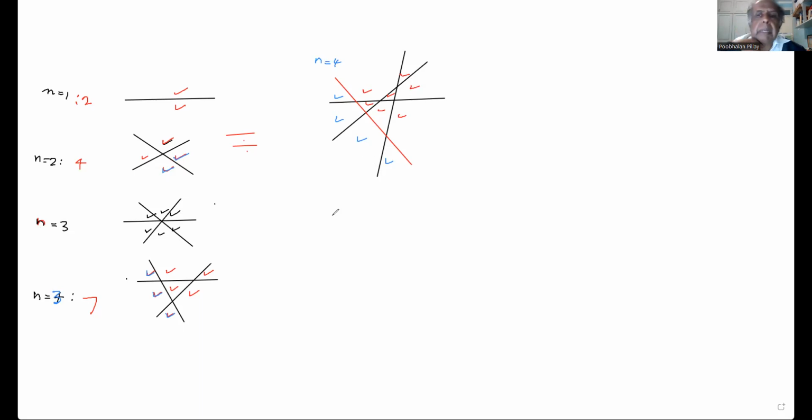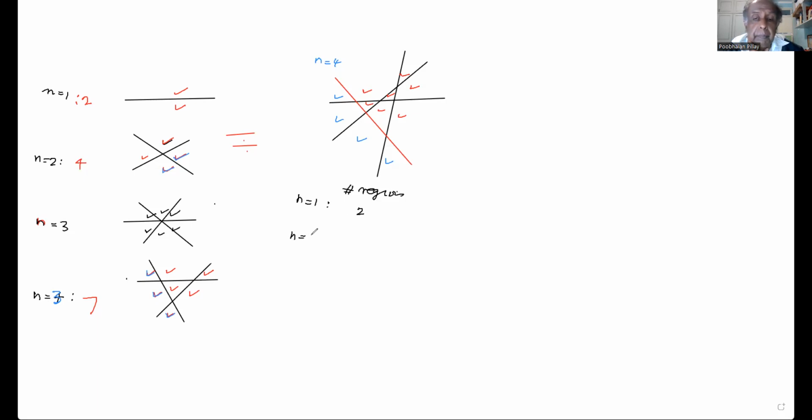So how do we sum this thing up? We can look at it like this. When n equals 1, the maximum number of regions is 2.